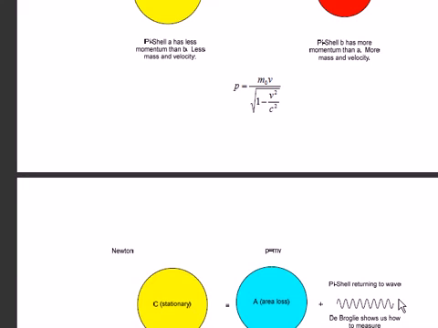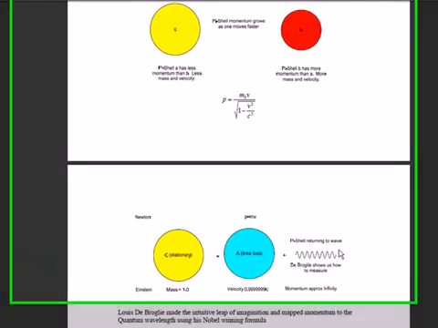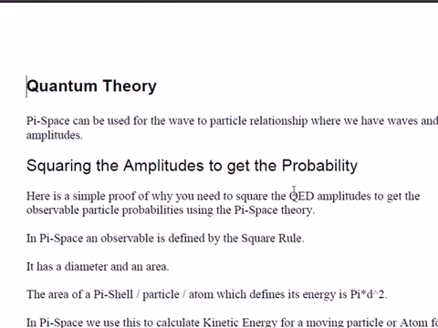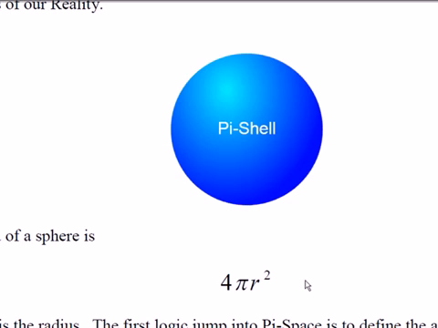Now there is the issue of how does a wave form a pi shell? How do you go from this form to this form? Okay, so let's recap on the definition of a pi shell, or an atom, or a particle in pi space theory. It's very simple. The way we do it in pi space is we say it's a pi shell, and it has area 4 pi r squared.